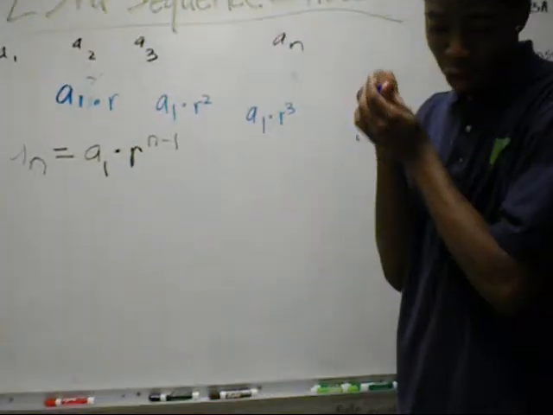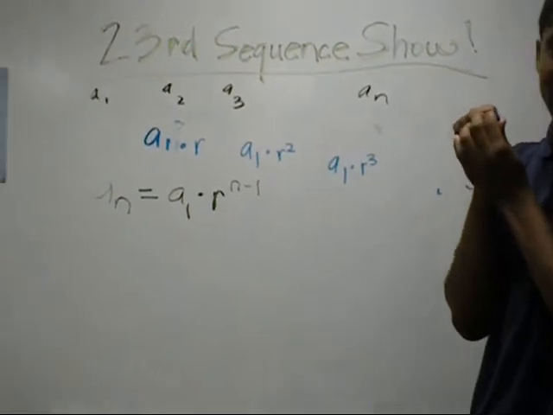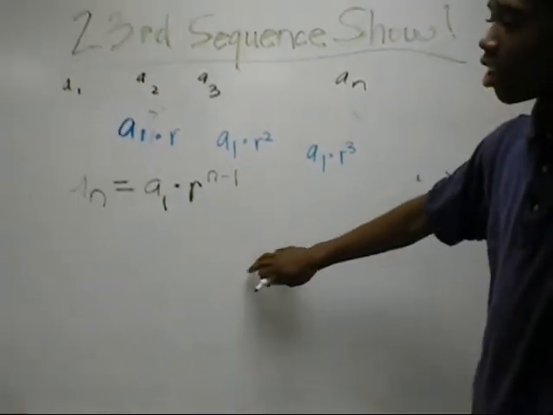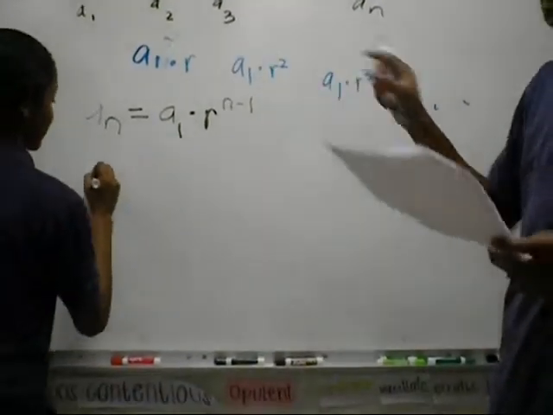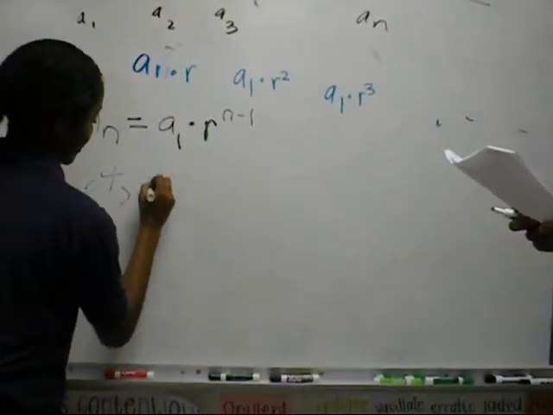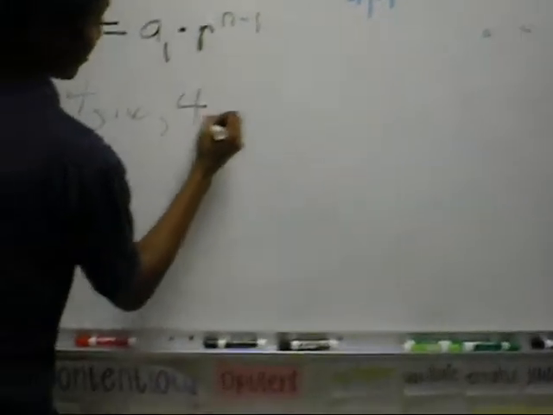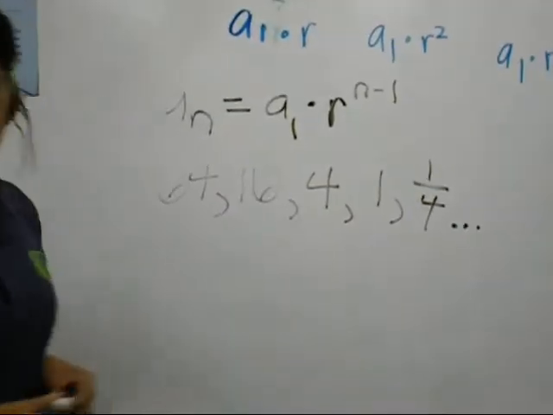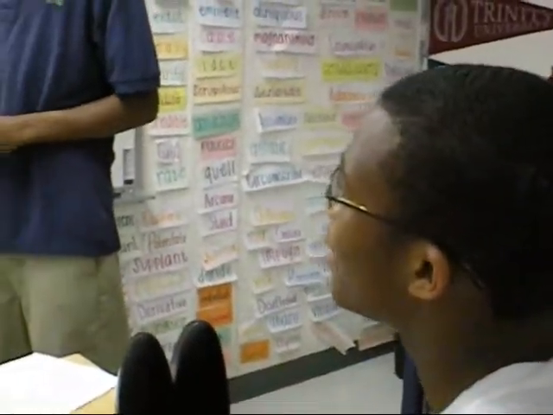Now, can you find the 7th term in the following sequence? 64, 16, 4, 1, and 1/4. Samuel, what's the answer? I believe the answer is 1 divided by 64.